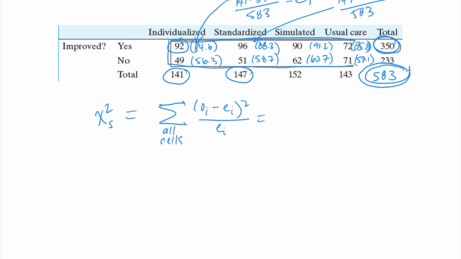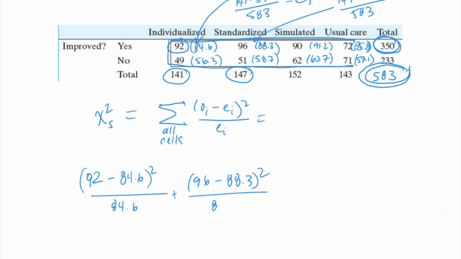And then here's what the calculation looks like. 92 minus 84.6, that's observed minus expected in the first cell there, divided by expected, plus 96 minus 88.3 squared over 88.3.